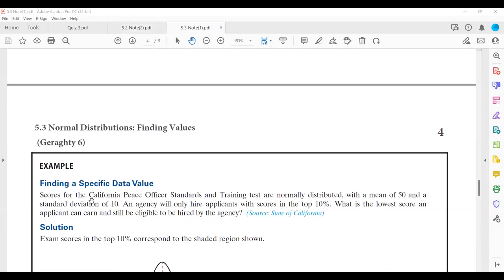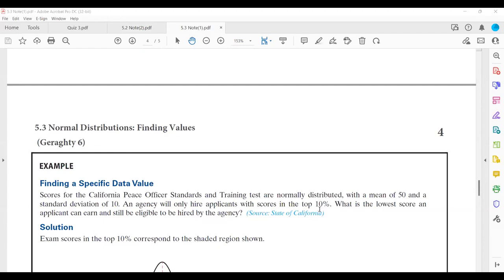So the scores for the standard test are normally distributed. The mean of that test is 50 and the standard deviation is 10. Well, for an applicant to be considered for hire, they need to have scores in the top 10%.